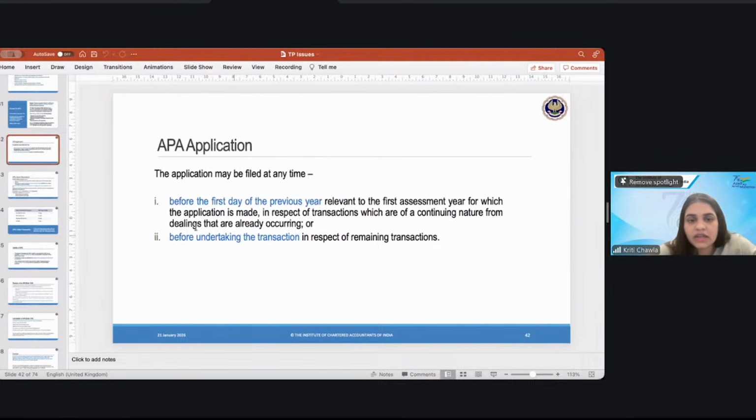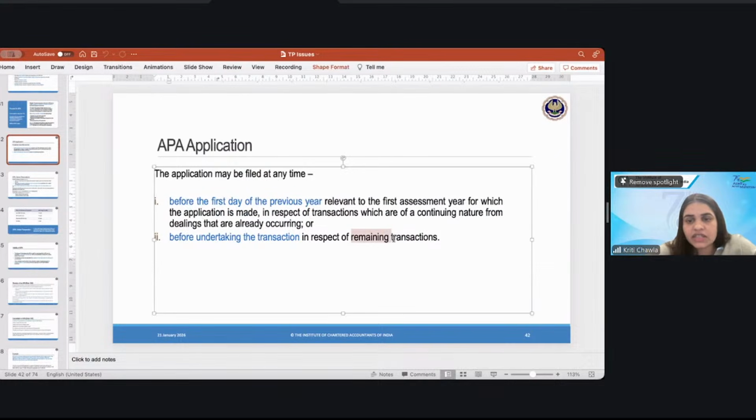Sorry, just going back. Are you talking about this? Remaining transactions? Yes. So remaining transactions, basically, these are already occurring transactions, and then there could be other transactions. Let's say a transaction which has not been undertaken as yet, an international transaction that they will undertake.